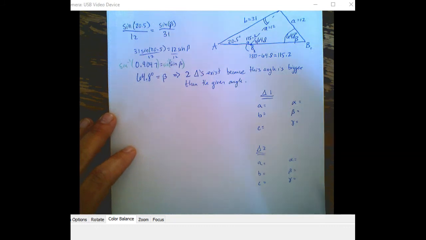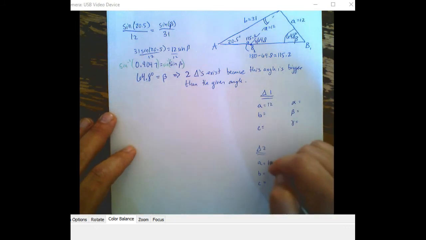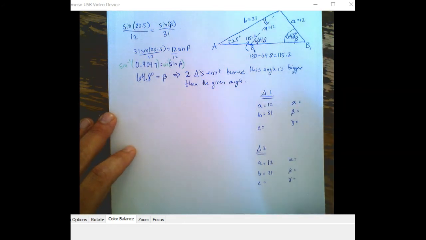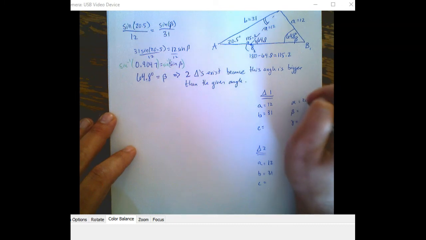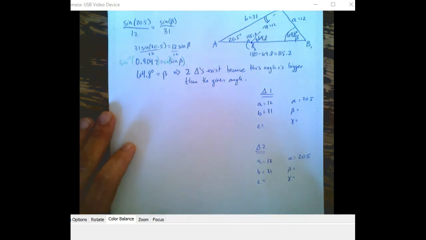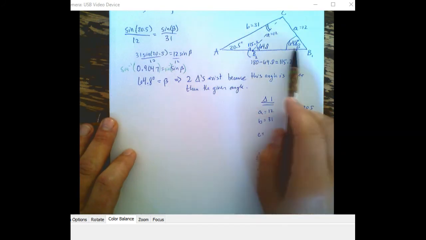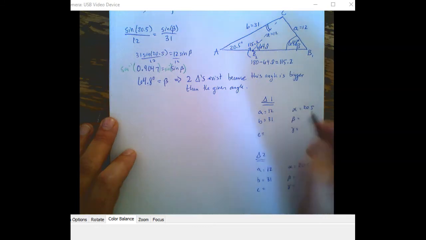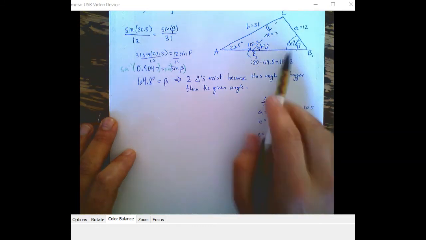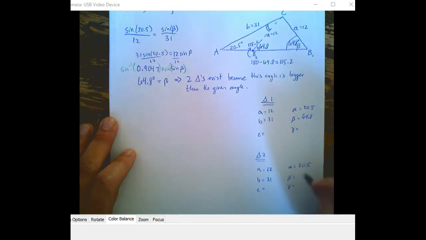So from the given information, our a is known to be 12 in both cases. Our b is known to be 31 in both cases. And our alpha is 20.5 in both cases. Okay. For triangle 1, that's the larger of the two, we found that beta was 64.8. And based on this analysis, the second beta is 115.2.